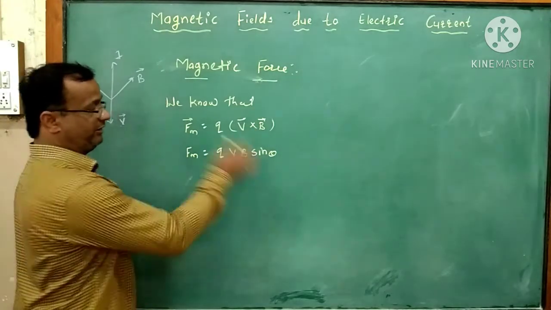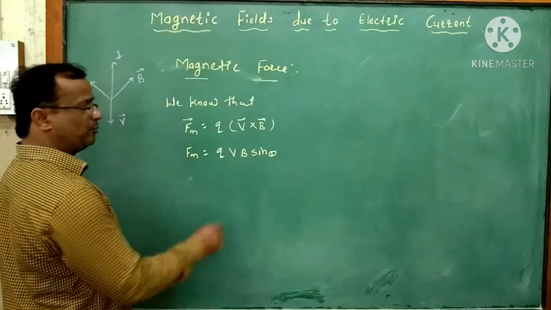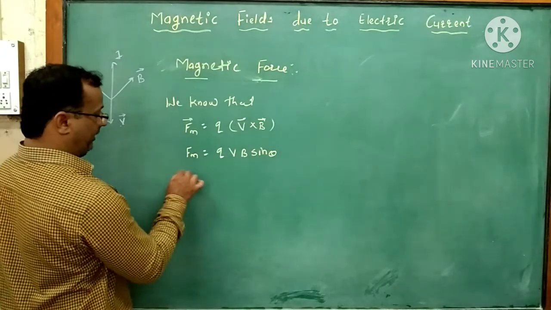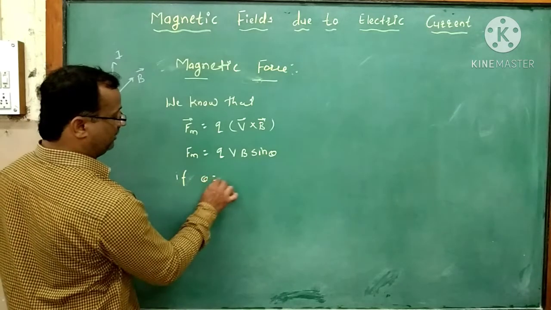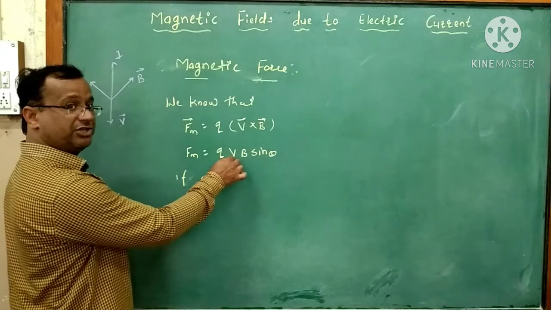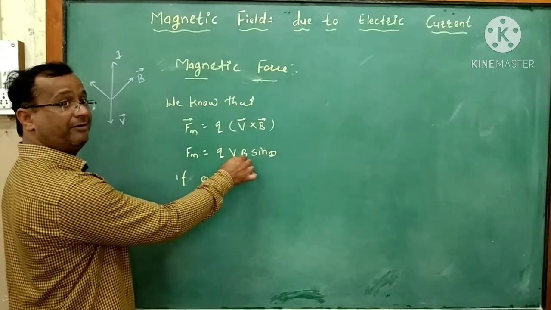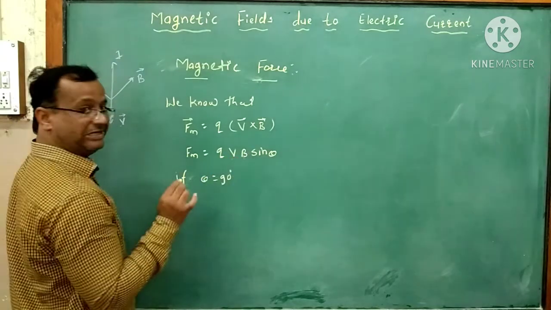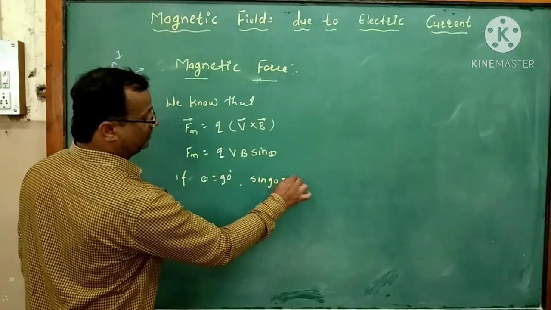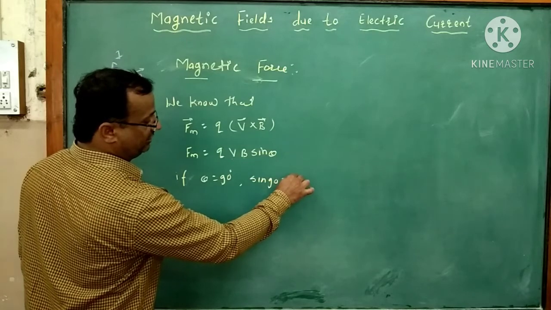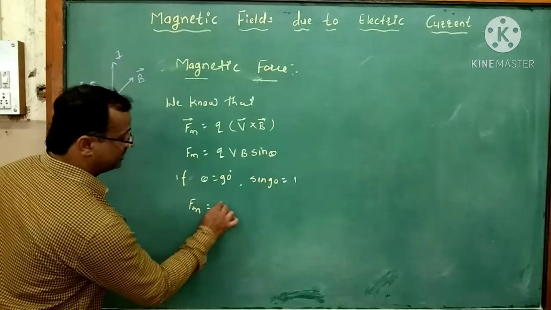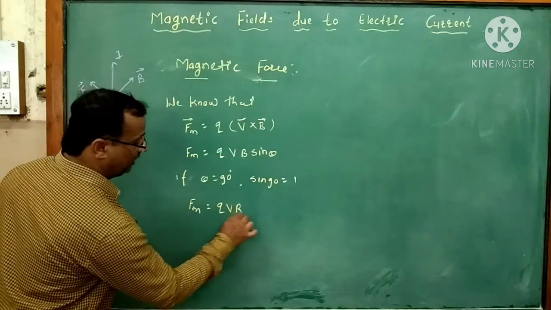In cross product we take the sine theta. Suppose here the angle between V and B is 90, that is theta equal to 90 degrees. It means that the angle between the velocity of the charged particle and the magnetic field is 90 degrees. Then sine 90 is equal to 1. So force Fm is equal to QVB.